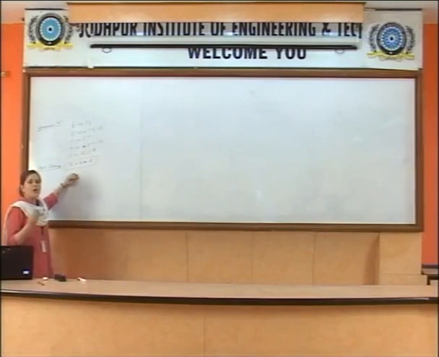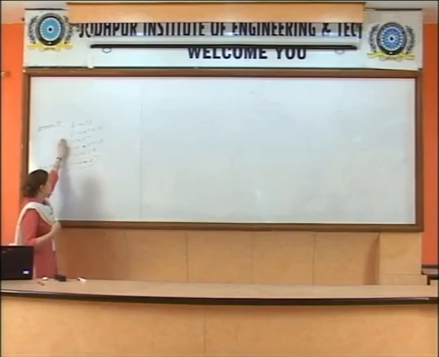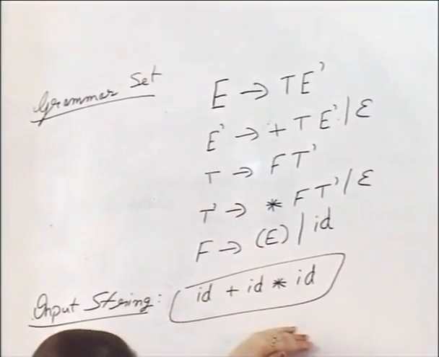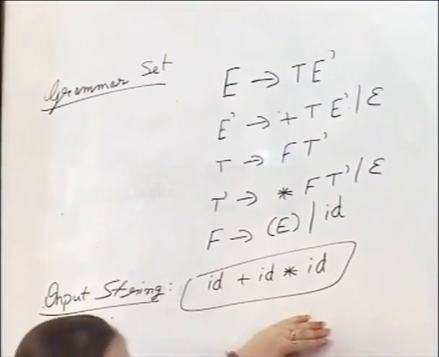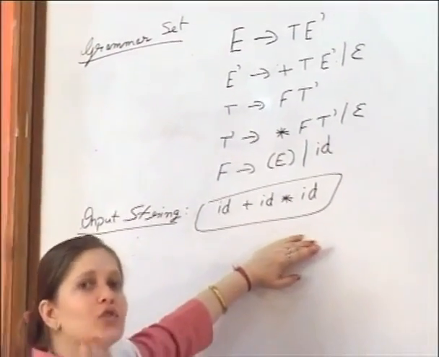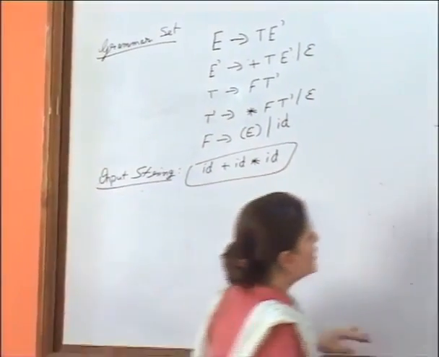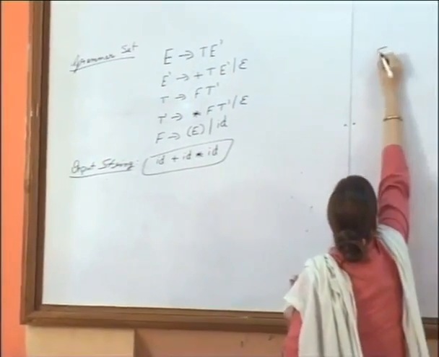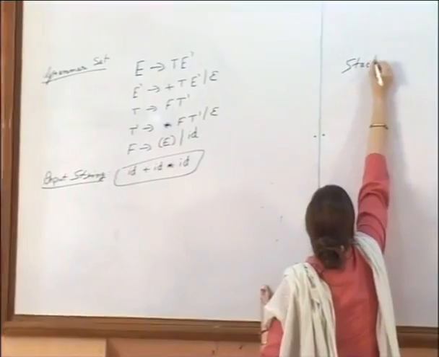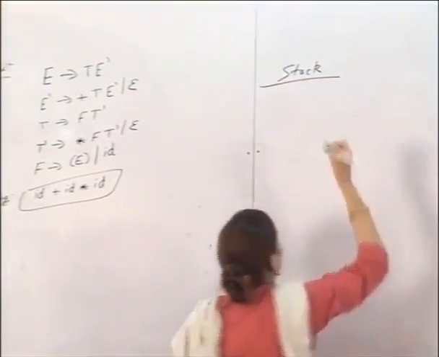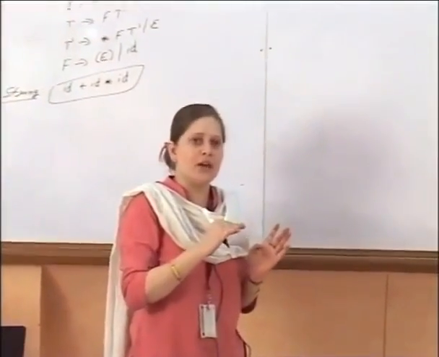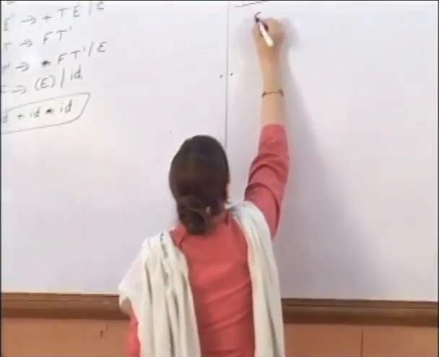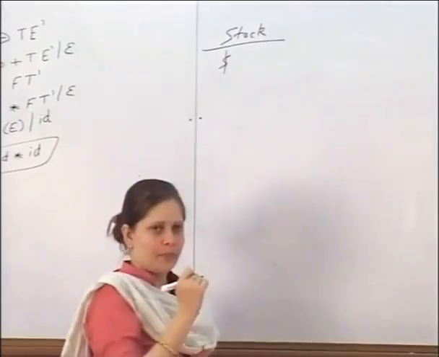So now we are going to implement the non-recursive predictive parsing algorithm on this grammar set for parsing the given input string, that is id plus id into id. We will maintain 3 columns for this. The first column is the stack. This stack, as we have seen in the algorithm, is initially provided with an end marker.